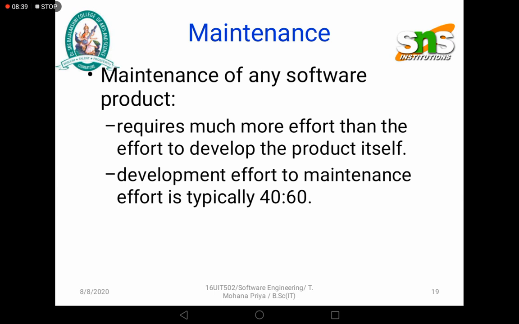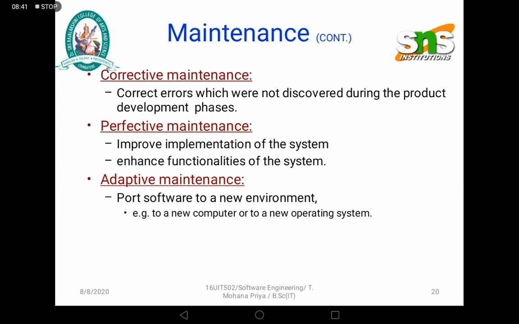There are several ways a customer needs maintenance from the industry. One is corrective maintenance, the second is perfective maintenance, and the third is adaptive maintenance. Corrective maintenance is nothing but correcting the errors faced by the customer. Perfective maintenance is improving the implementation of the system. That means a customer may require the product to be enhanced with new functionalities and additions.